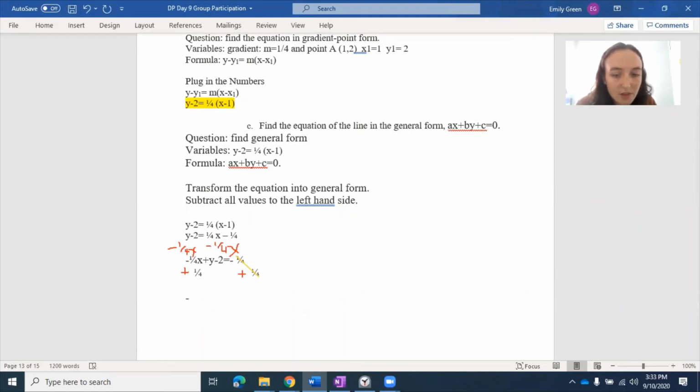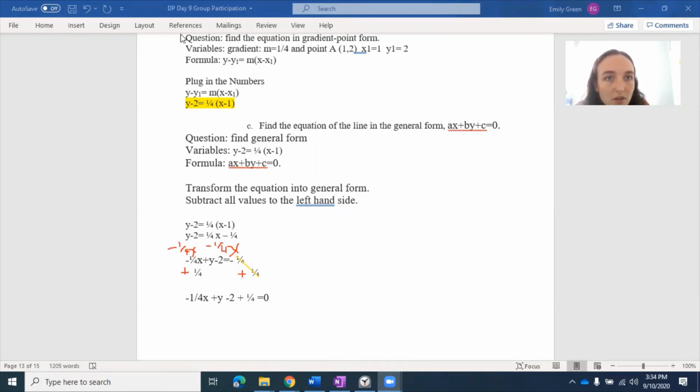So -1/4 x plus y minus 2 plus 1/4 equals 0. When I add -2 plus 1/4, I can set those as fractions, and that's going to give me two numbers over 4.